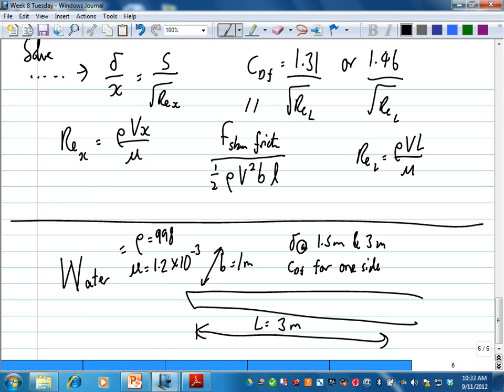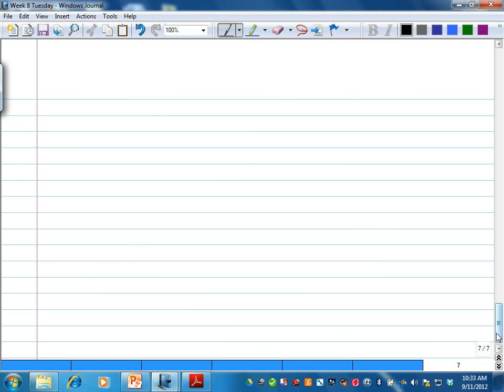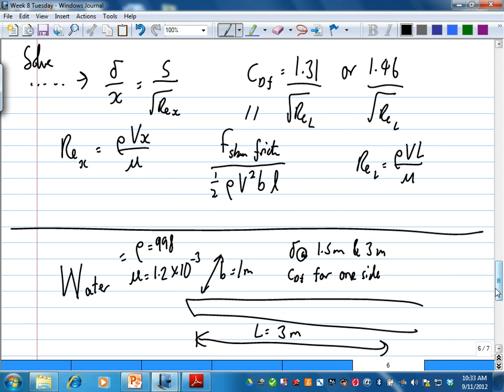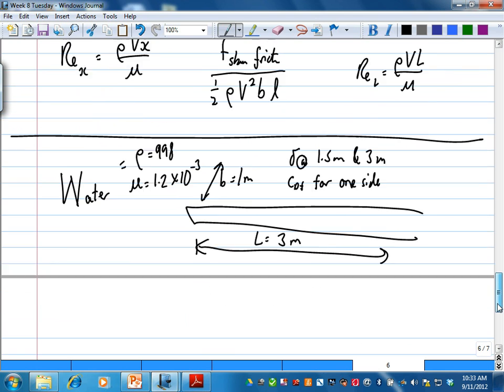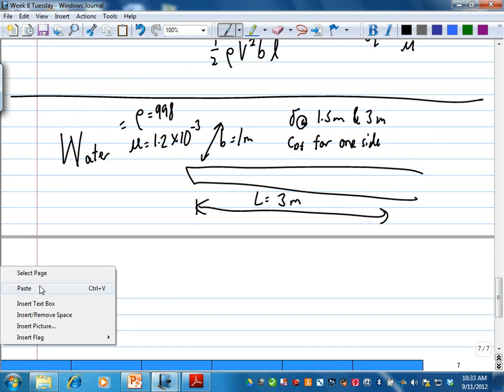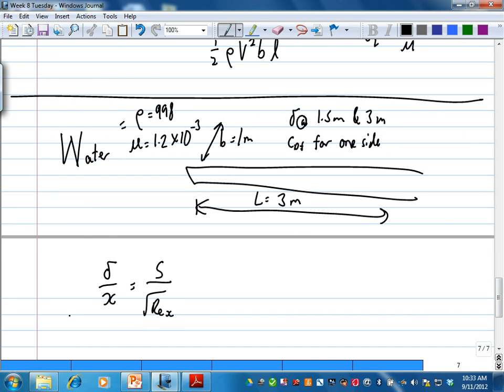So first, we use this formula. For this formula, let's say at 1.5 meters, del over 1.5 is equal to 5 over square root of rho, 998, v.